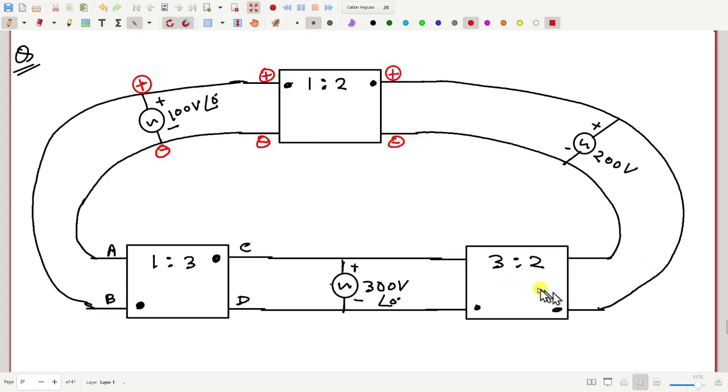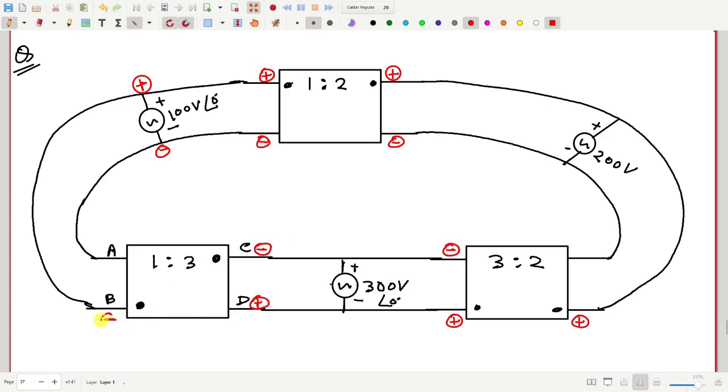At that same moment, this dot is positive, this dot is positive, so this C is negative, D is positive, and C is identical to B according to the dots.